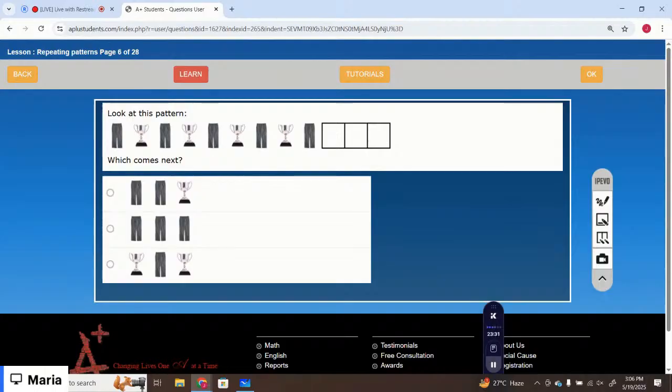Look at this pattern. Which comes next? So, which is the correct option? One, two, three. Which is the correct option?